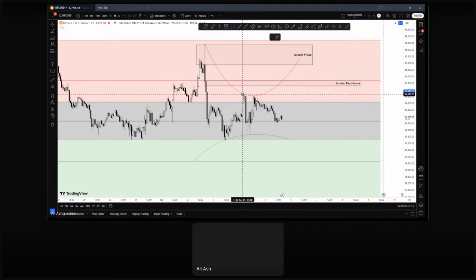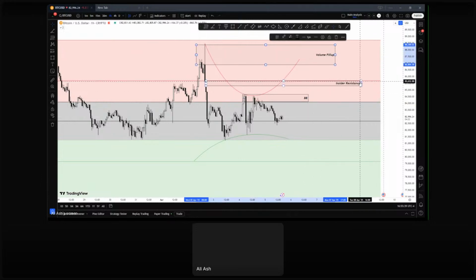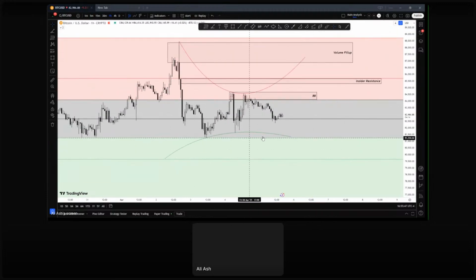This is another minor resistance. You can just say a breaker block. So this is our breaker block. This is the volume fill up. This is the insider resistance. This is the curve. We are going banded curve, and this is the banded support curve.